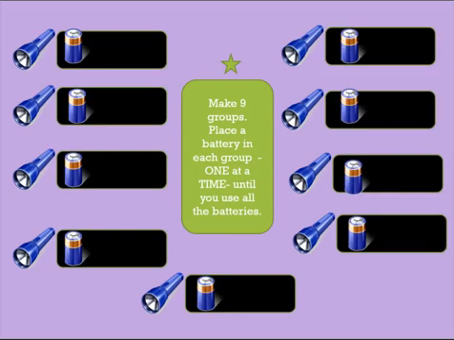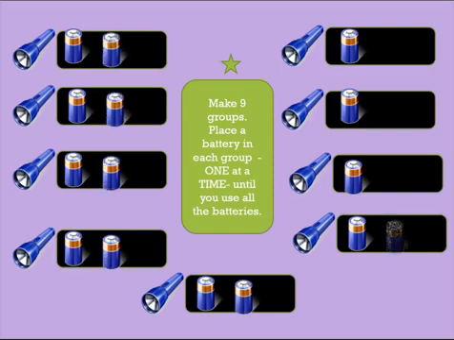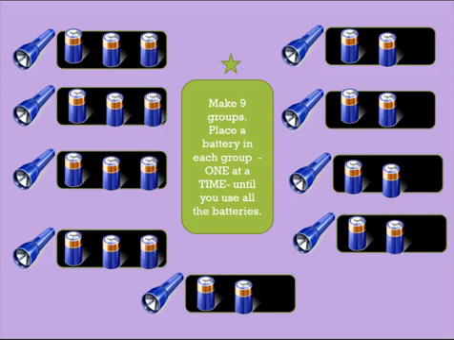I'm going to keep going and add another one to each one until I get to 27. 10, 11, 12, 13, 14, 15, 16, 17, 18. Okay, I'm still not out of 27 batteries. 19, 20, 21, 22, 23, 24, 25, 26, 27. Awesome. So I used 3 batteries for each flashlight.